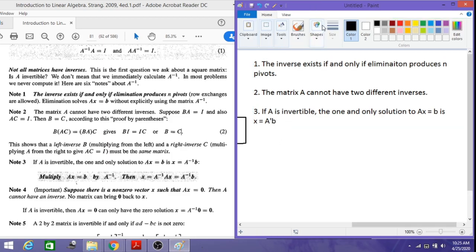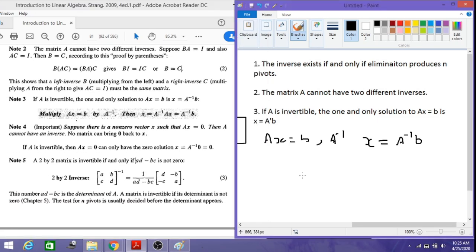For example, if you are doing A into X equal to B, then we have the A inverse. If you multiply both the right hand side and left hand side by A inverse, then A inverse into A is the identity matrix. So we have only X on the left side, and X is equal to A inverse into B on the right side.